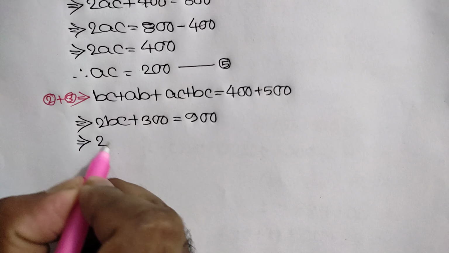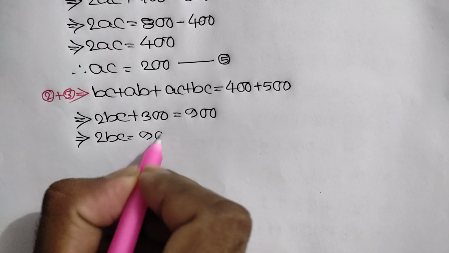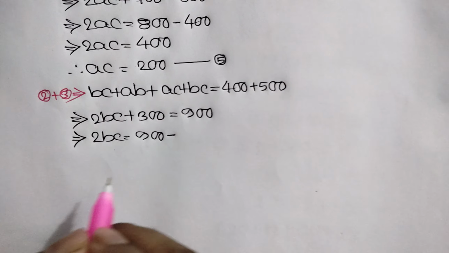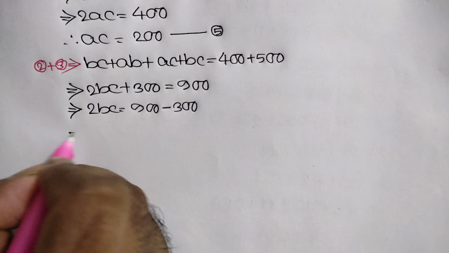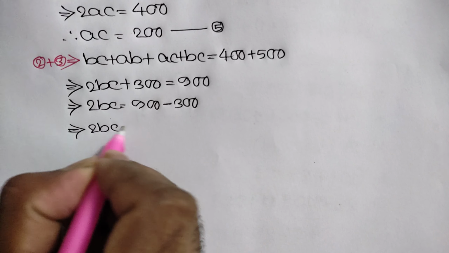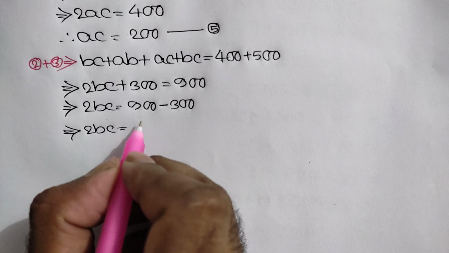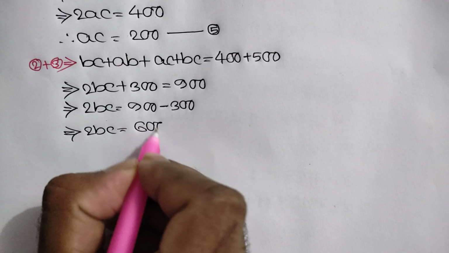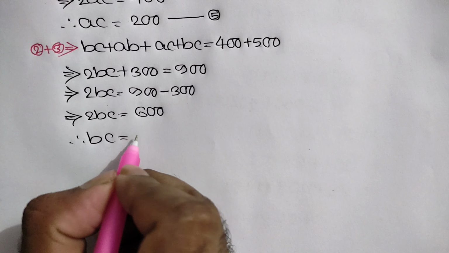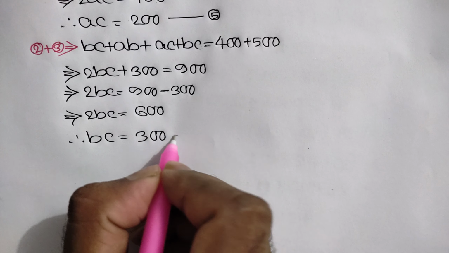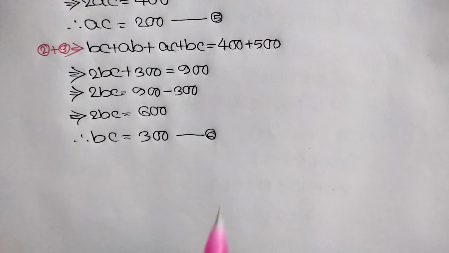Or twice BC is equal to 900. Taking this 300 to the right side, we will get negative 300. Or twice BC is equal to 900 minus 300 is 600. Now dividing both sides by 2, we will get BC is equal to 300, and it is called equation 6.